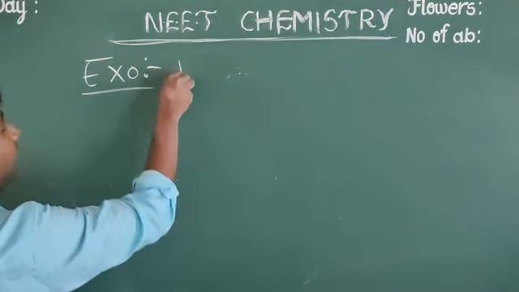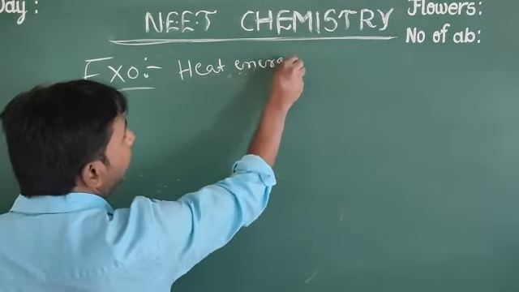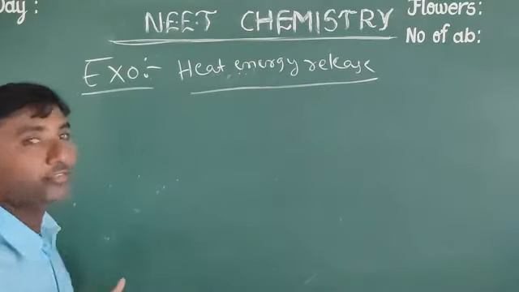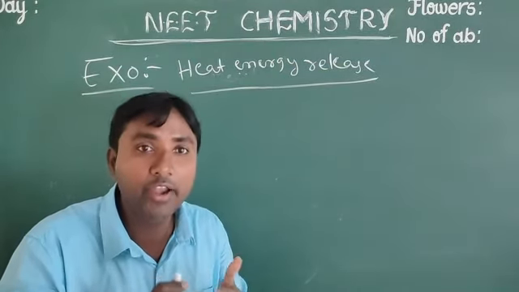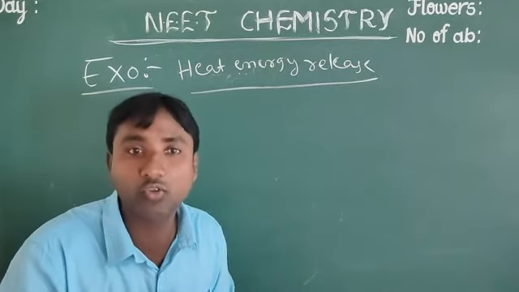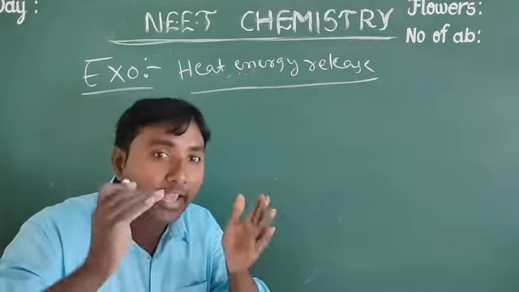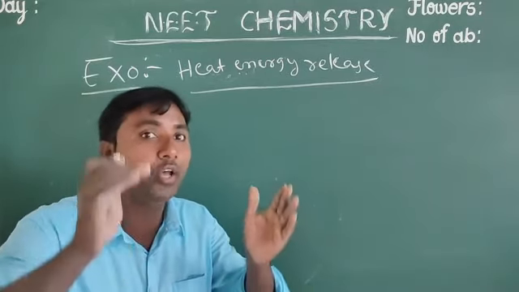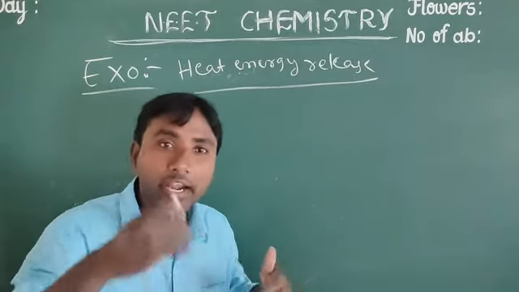So here heat energy is released when the reactants convert to the product. That means less heat energy is required to break down the bonds of reactant, because heat energy is released.